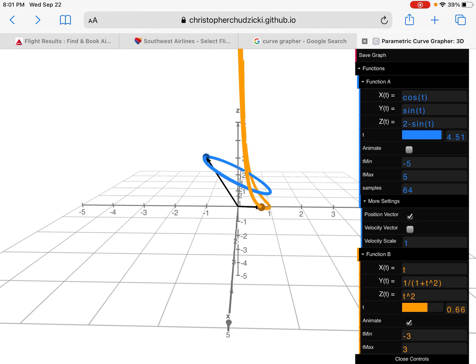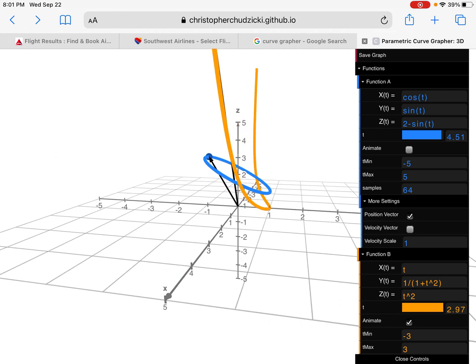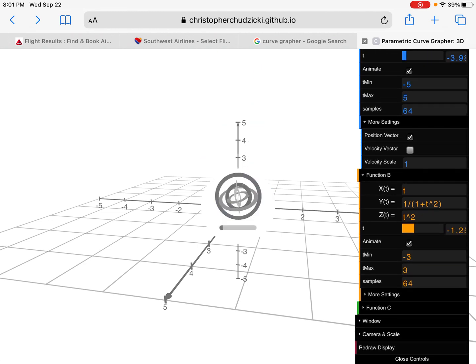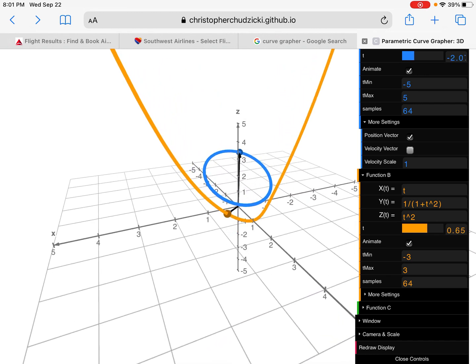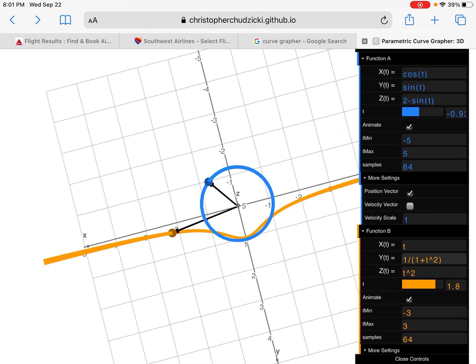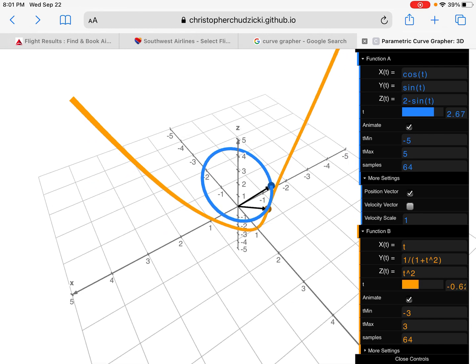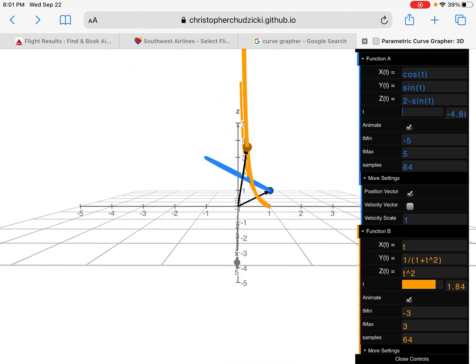All right, so this is the blue one. Okay, and I turned the drawing off so I can put it back to animate and then redraw. Then you'll see the little curve following it, the little blue thing. So that's the t value. And notice over here, the t value is changing, that little blue number that's changing. So look, it's circular when I look up and down, but when I look this way, that's the angle, because the plane was slicing through.